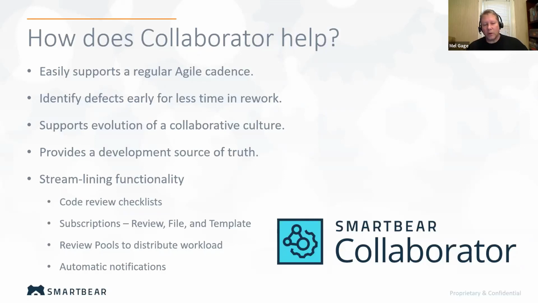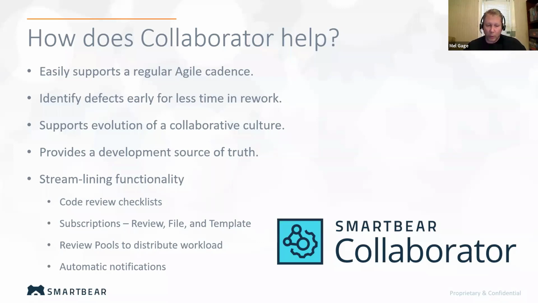And then we're going to talk about some of the streamlining functionality. You can do code review checklists. Subscriptions is one that I'm really big on, as somebody that is generating a lot of reviews, mostly in a demo environment. I can do some subscriptions around reviews. So if someone is a particular author and you want a particular group assigned based on authorship, or even file or even templates, you can assign groups automatically for review pools, and we'll show you how that works.